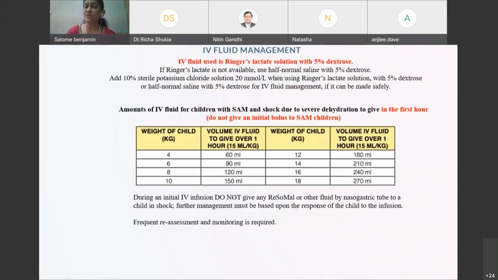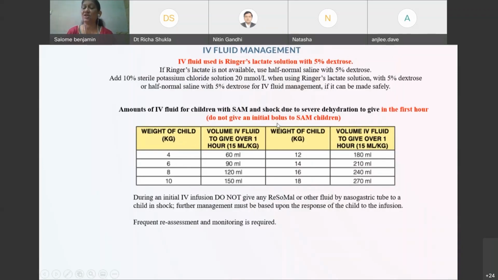So for IV fluid, Ringer lactate is generally used with 5% dextrose. There is a weight based table given here, showing how much volume as per weight, and how you will give it over 1 hour, 150 ml or 50 ml per kg. So very detailed and correct calculation should be given.